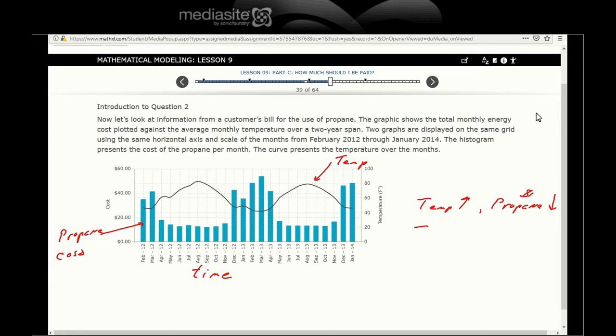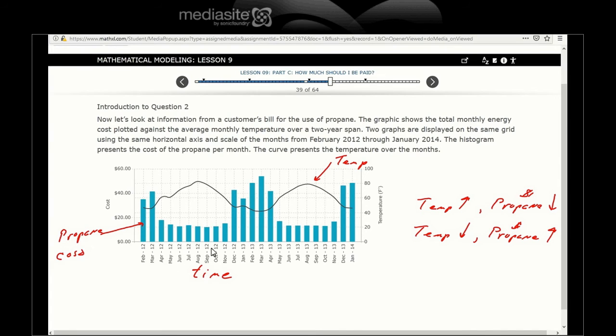Looks like when temperature is lower, propane cost is higher. Does that make sense? Because propane is used for heating things: the central air, hot water, cooking. So it can't go to zero.